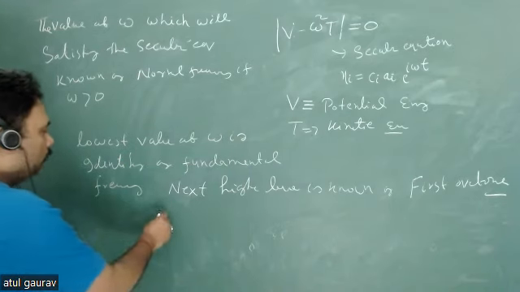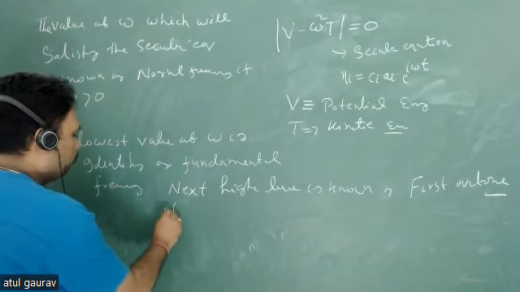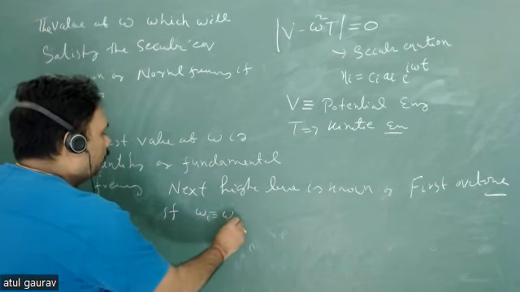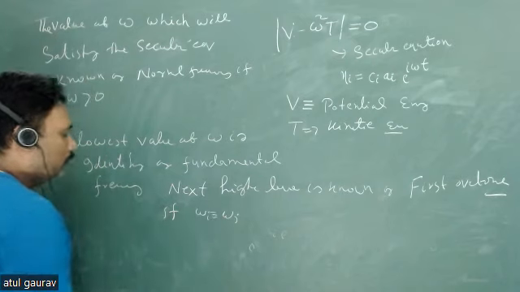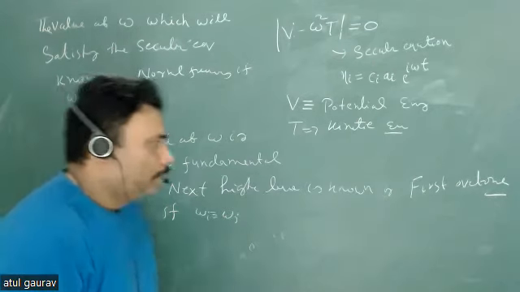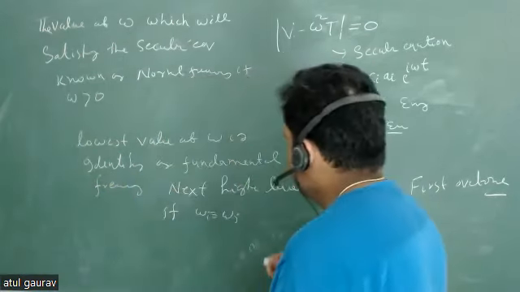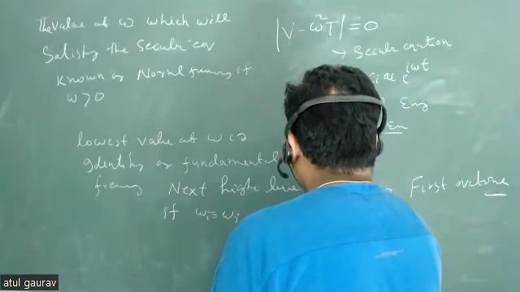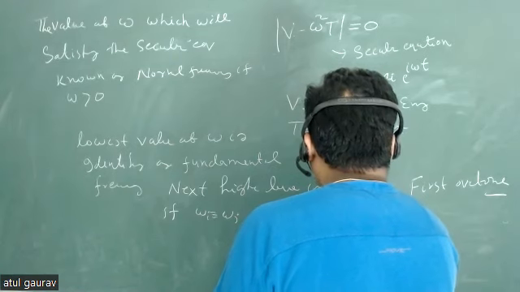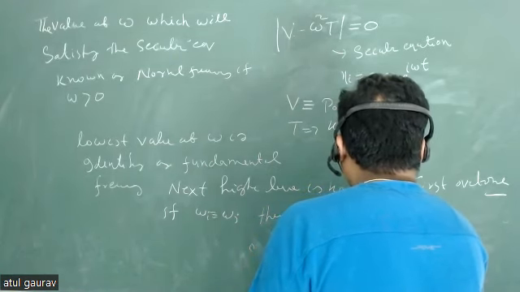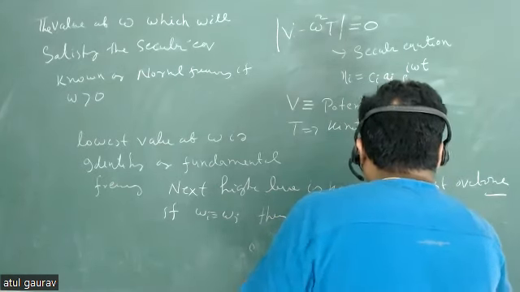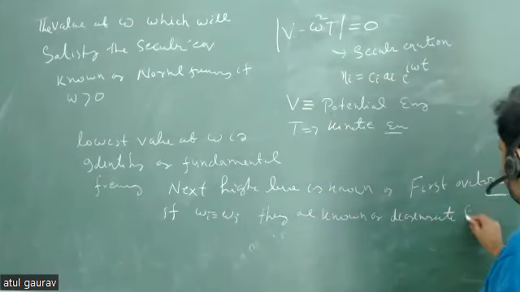Now, if omega i is equal to omega j, they are known as degenerate frequency.